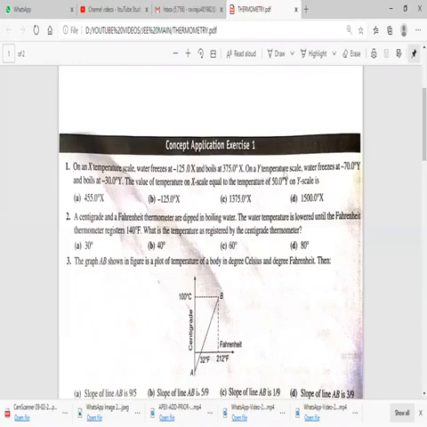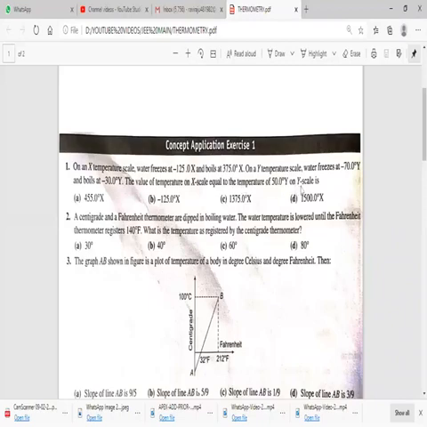On a Y temperature scale, water freezes at minus 70 degree Y and boils at minus 30 degree Y. In this case, the unit for temperature is degree Y only. Now the value of temperature on X scale equals the temperature of 50 degree Y on the Y scale.